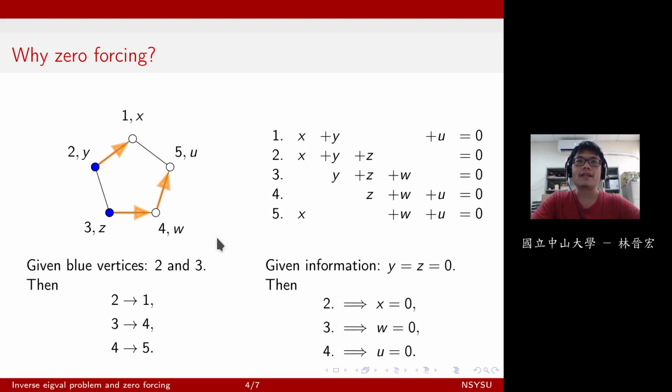With this, we know that 2, 3 being blue is enough to make 1, 4, and 5 blue sequentially. The translation of this process is the following. If you look at this equation and the information says that y and z are equal to 0, then you can sequentially make x equal to 0, and then w and u equal to 0. So the zero forcing process is just a process of spreading more and more zeros.